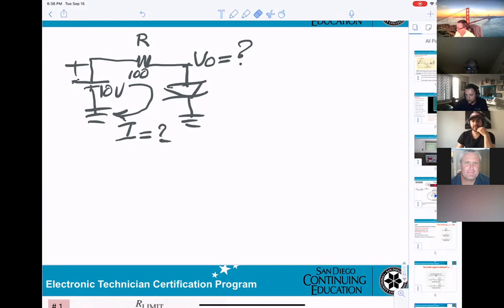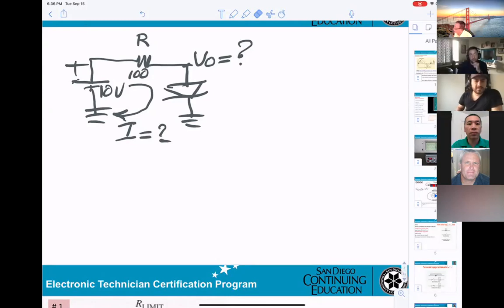And VO is where? Above, in the A side of the diode? Tell me what V out you want it equal. Everything is already given: 10 volt, 100 ohm, and a diode.